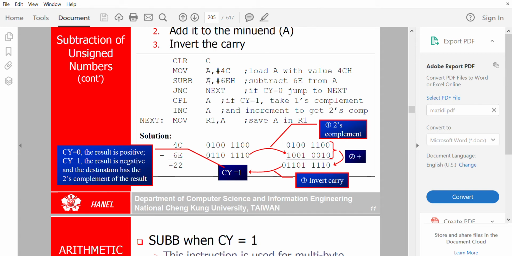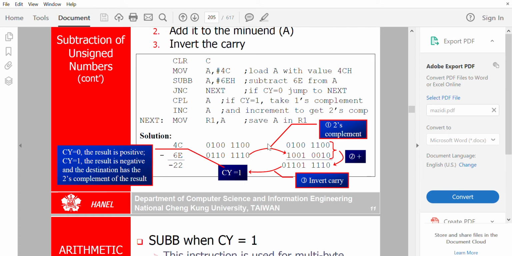So here we are checking. This is 4C, and this is 6C, just 6C, not the 2's complement. This is the binary equivalent of 6C, not minus 6C, just plus 6C.